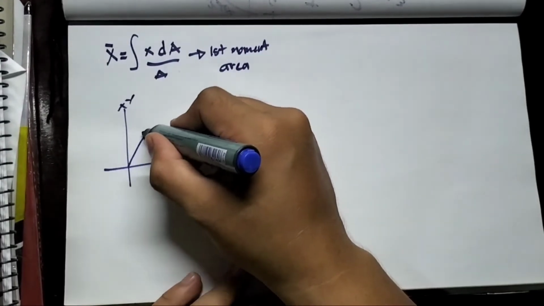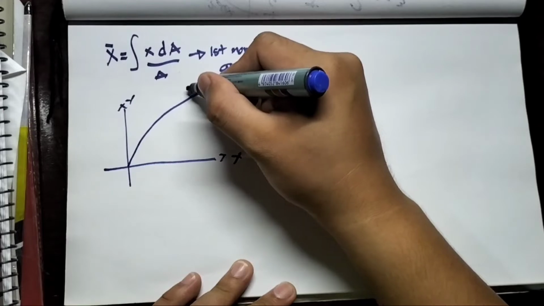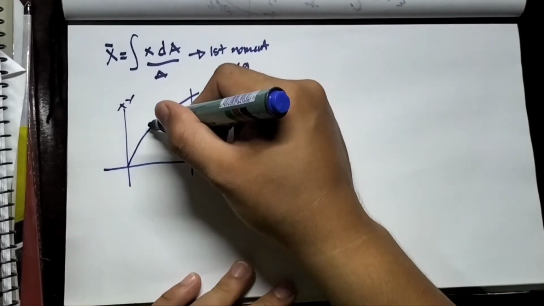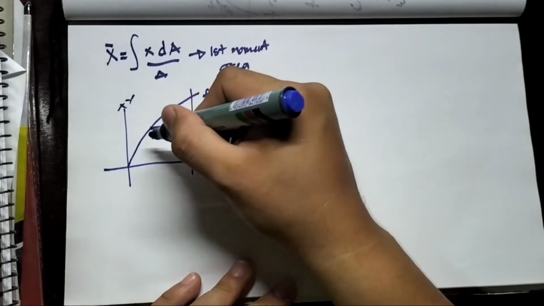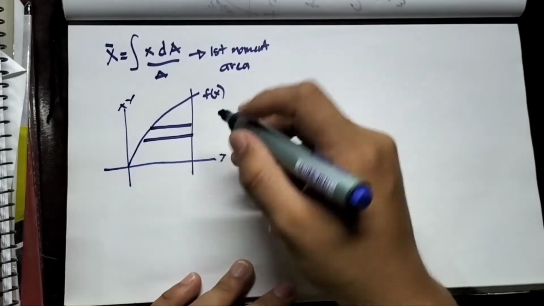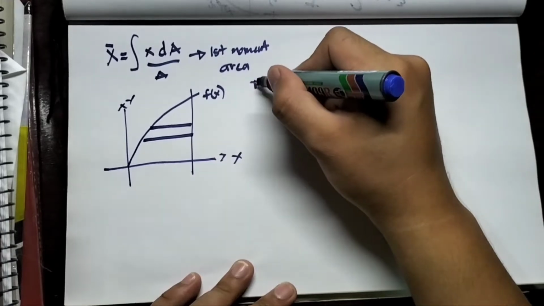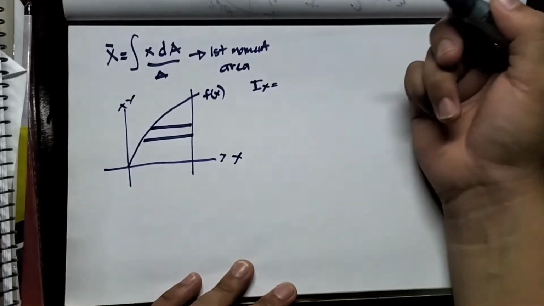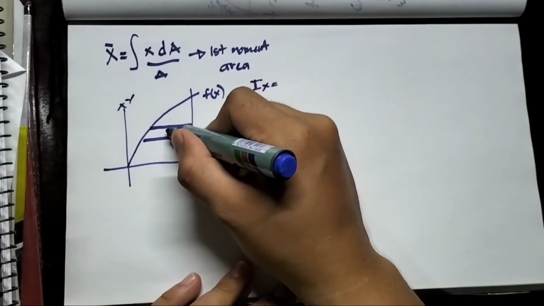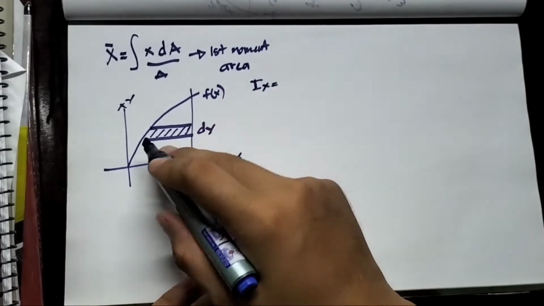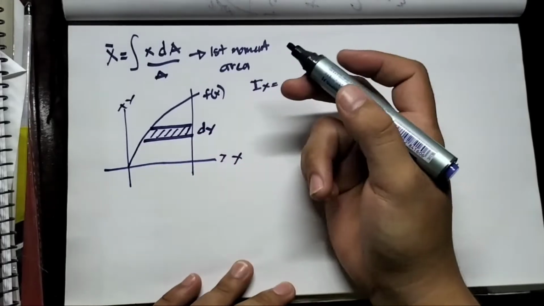So, for example, this is a parabolic segment. This is our f(x). And this is the horizontal strip. If it is horizontal, we are going to find the moment of inertia with respect to x. So, this is dy and this is x right minus x left, diba?